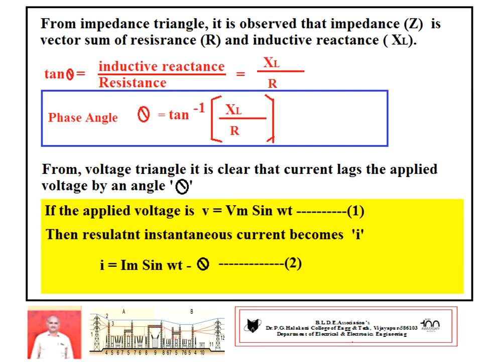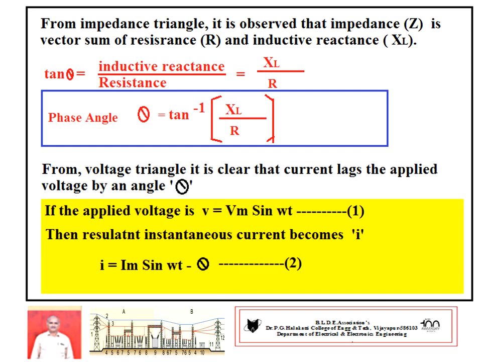The vector sum of these two provides the impedance of the circuit. Let theta be the phase angle. Tan theta, from the impedance triangle, is inductive reactance divided by resistance.